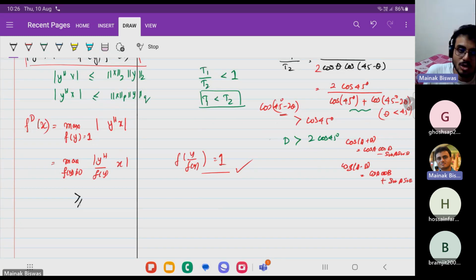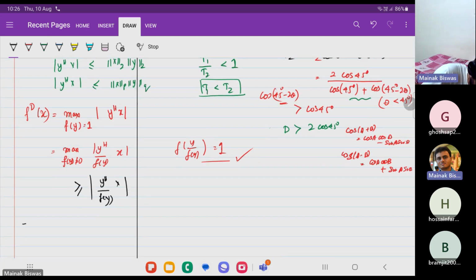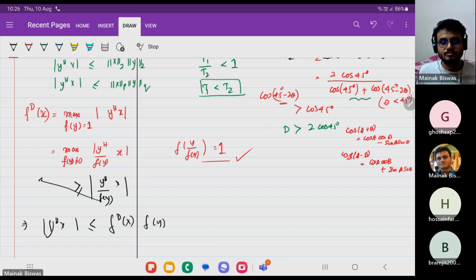This is again, I'm going to use, max is greater than or equal to y Hermitian x. Use this throughout your norms, you will get all the answers. Done? Agreed? So you will end up with y Hermitian x is less than or equal to f dual of x into f of y, just by cross multiplication. Yes or no? Two lines proof, right? Any doubt?